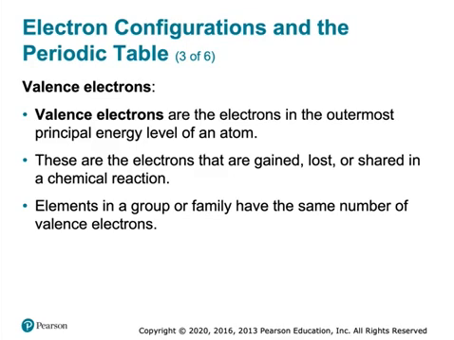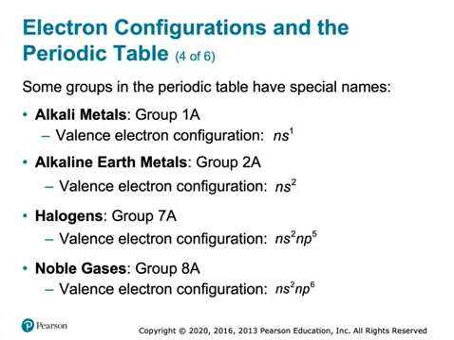So chemistry is very much about the outside electrons, which are typically the ones lost, gained, or shared in a chemical reaction. There are some things that involve exchange of photons that can affect electrons deeper down, but it's not usually the case. And the group or family have the same number of outside valence electrons.